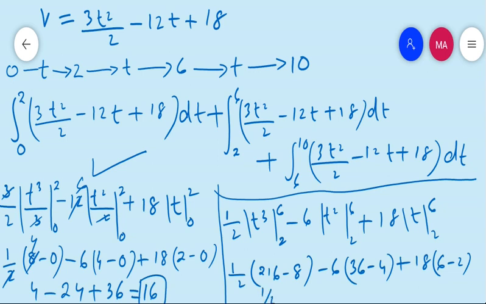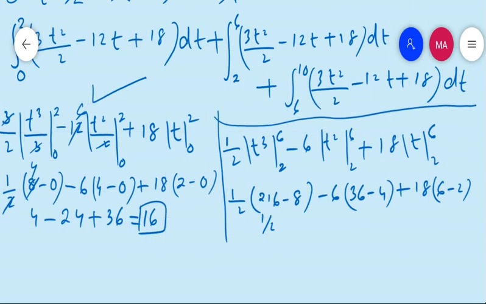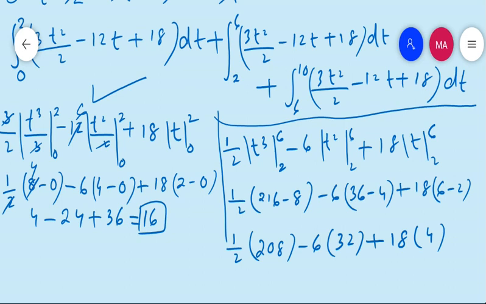So 1 upon 2, 216 minus 8 is 208, minus 6, 36 minus 4 is 32, plus 18, 6 minus 2 is 4.